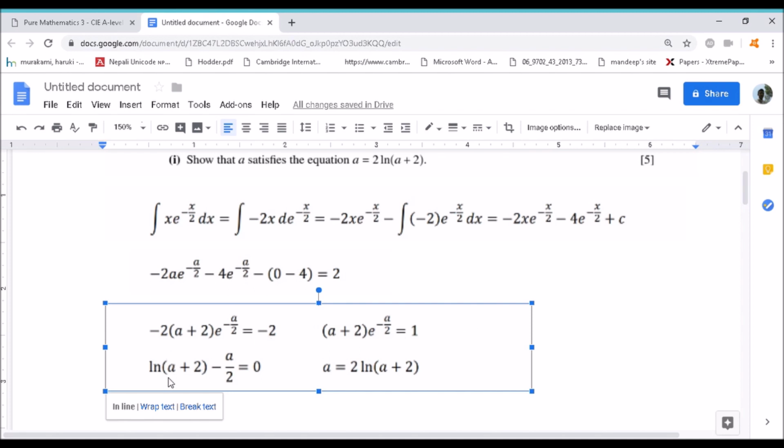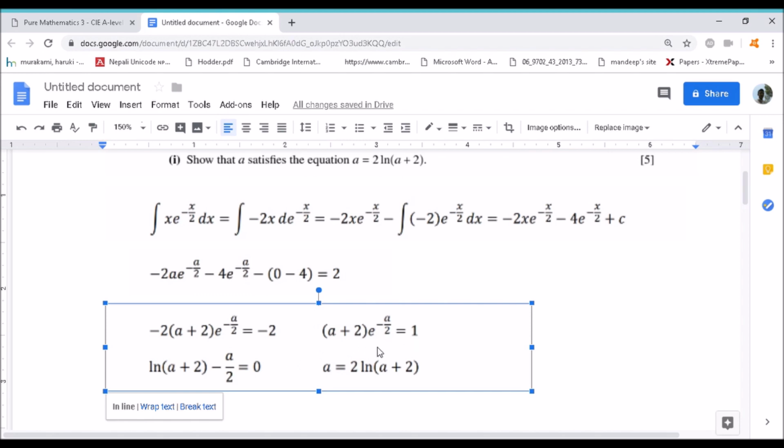Now we take ln on both sides, so it will be ln(a + 2) + ln(e^(-a/2)) = ln 1.